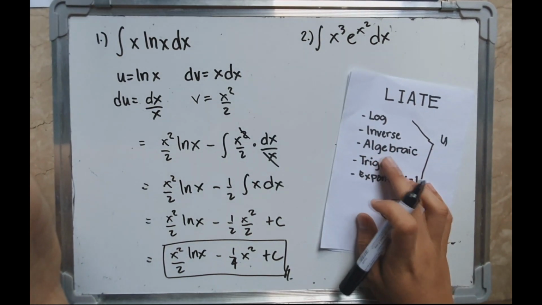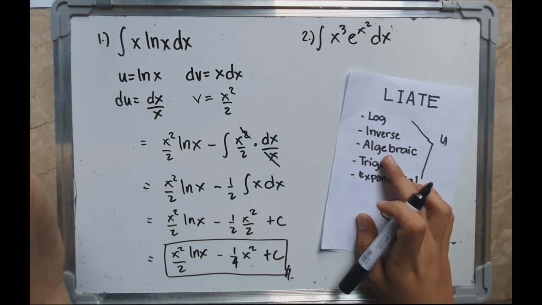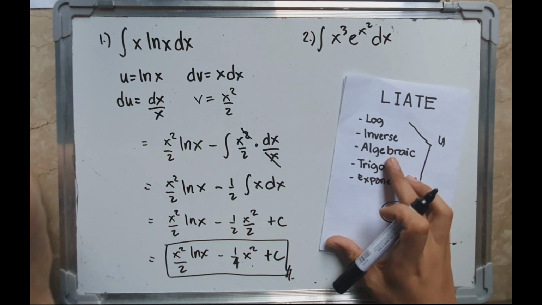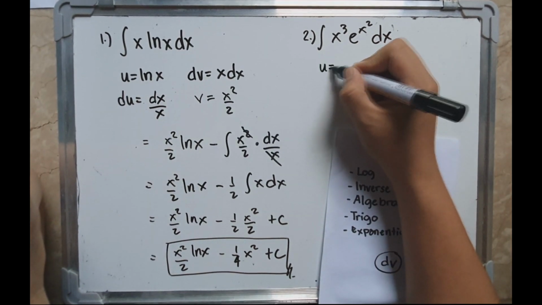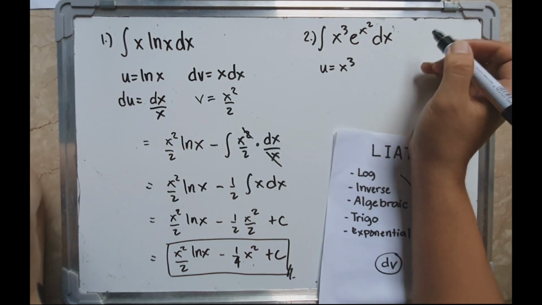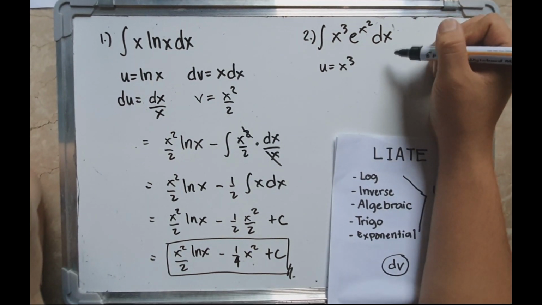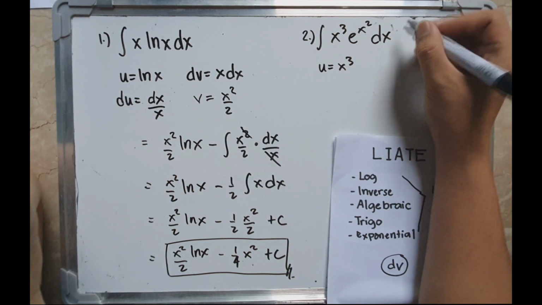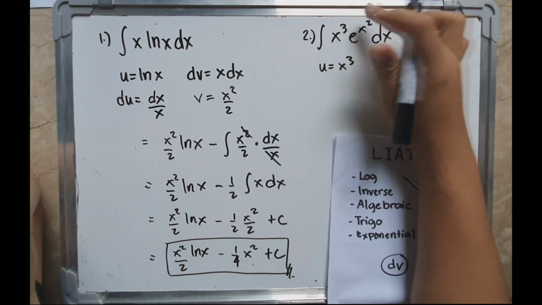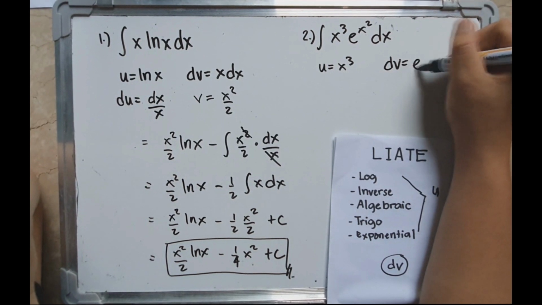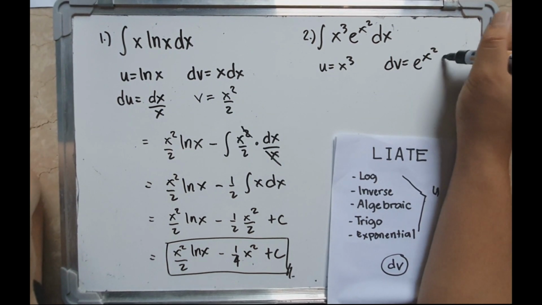So we will be choosing u as the algebraic. If we assign u as x cubed, what's left will become the dv. So the dv will be e raised to the power of x squared dx.